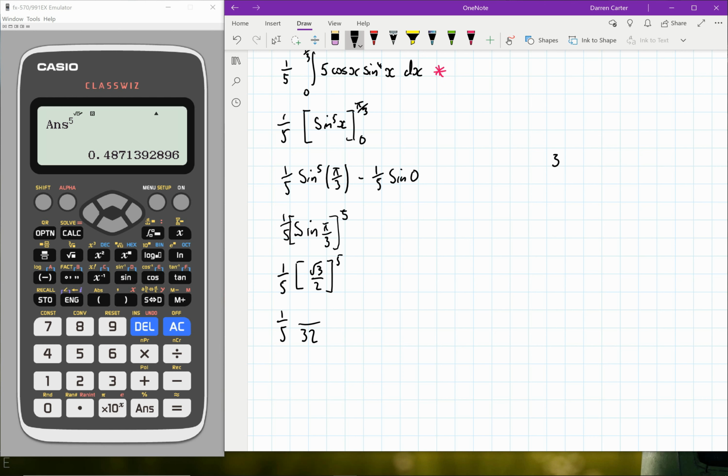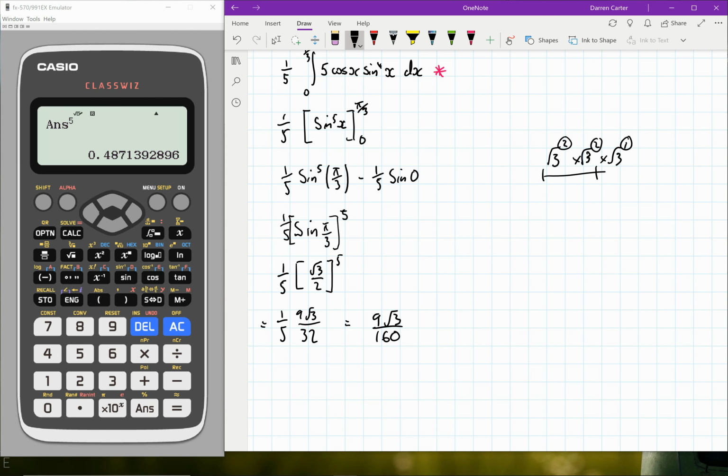I'm thinking of that as root 3 squared times root 3 squared times root 3 being power of 5. Those two are 9, another one is root 3, so that's 9 root 3. Nothing there cancels between my 9, 5 and 32. That's going to be exactly 9 root 3 over 160.